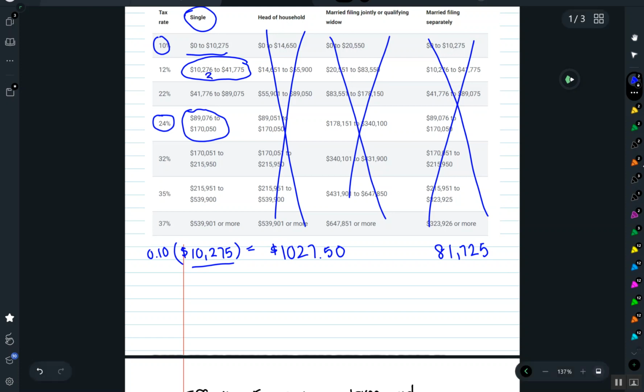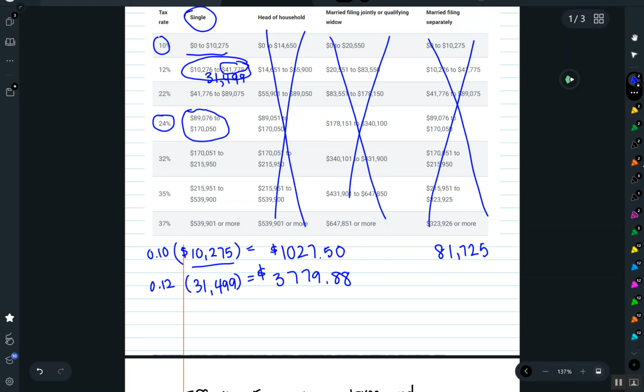So that's $31,499 is going to be taxed at 12%. Okay. And so that's going to be $3,779.88.